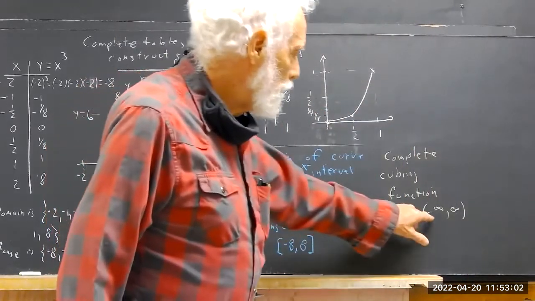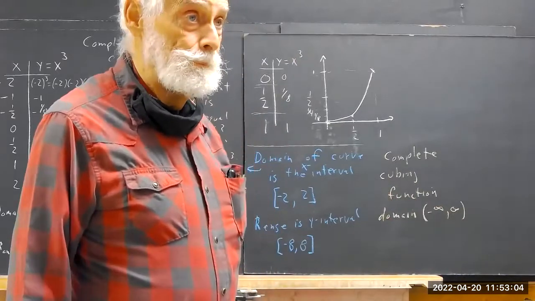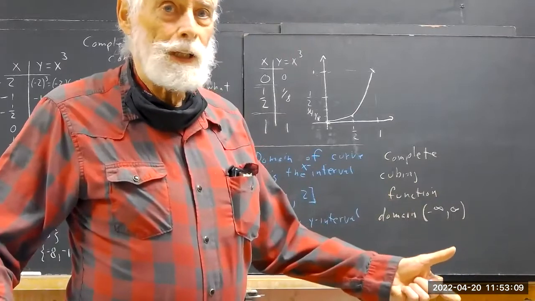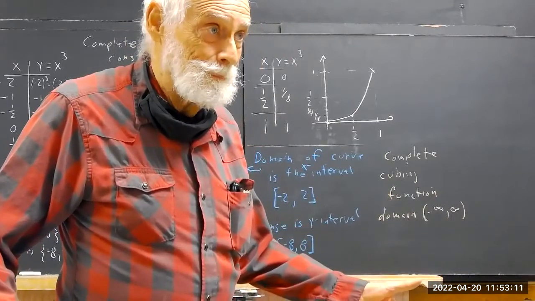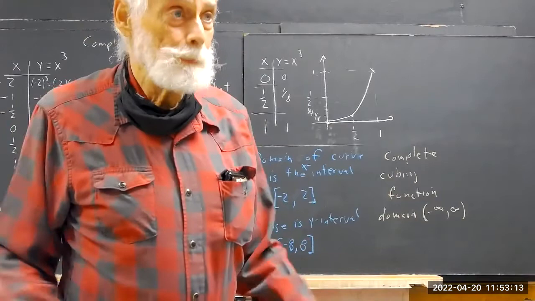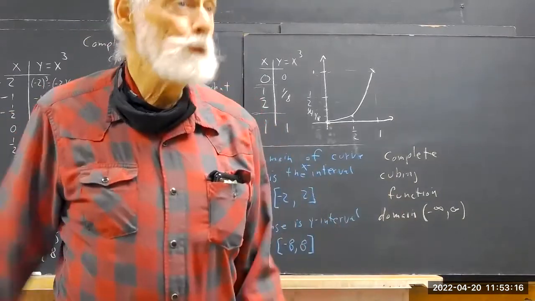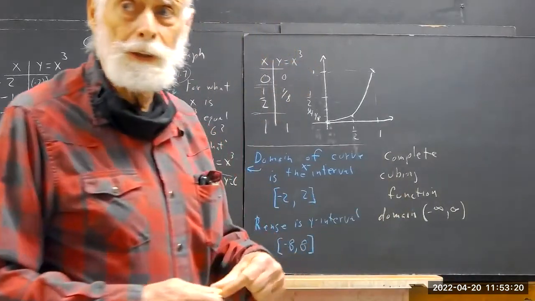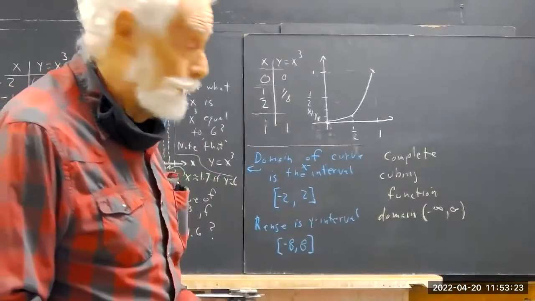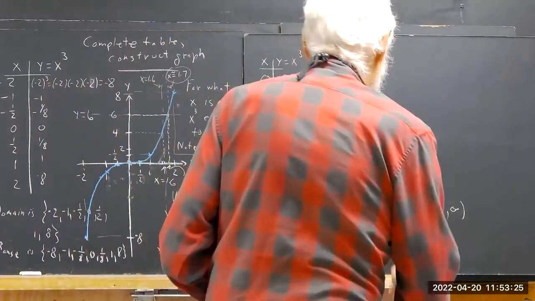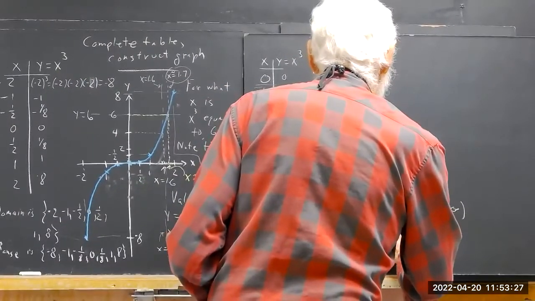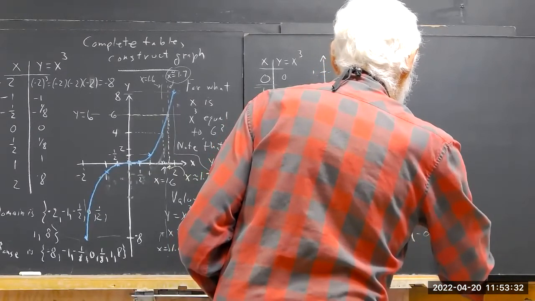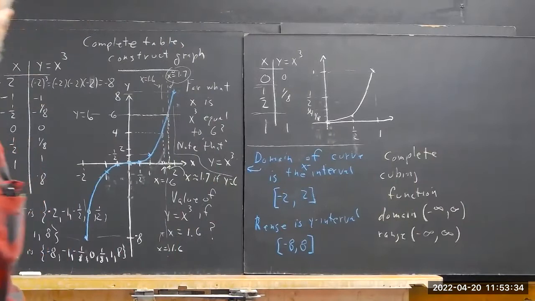The domain goes from -infinity to infinity. I don't use square brackets in this because -infinity is not a number. So it's not included in the domain, but everything up to that is included to the left and right. You'll see more about that notation, and it's an easy notation to understand when you do the homework. So there's your domain, and the range is also from negative infinity to infinity.